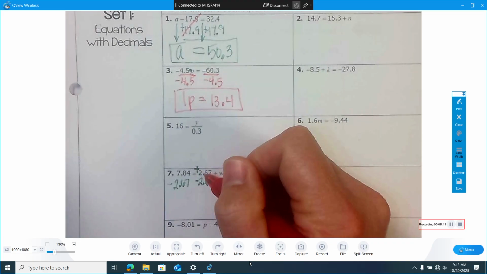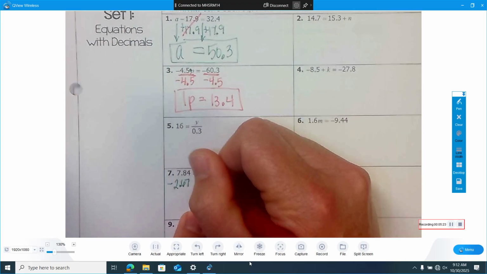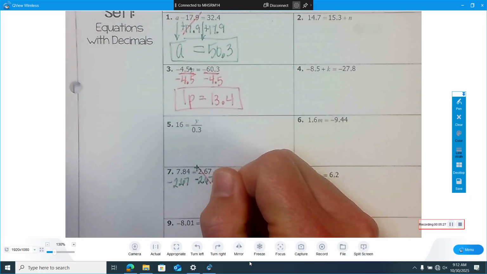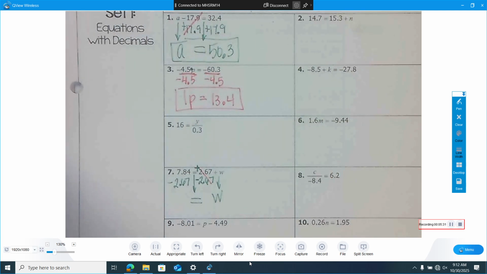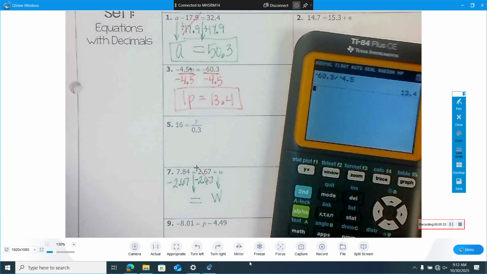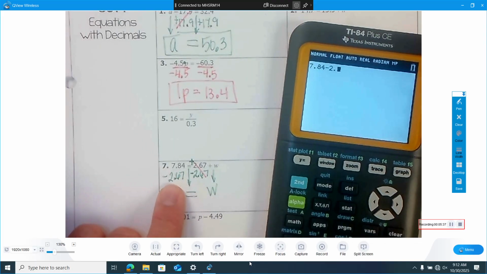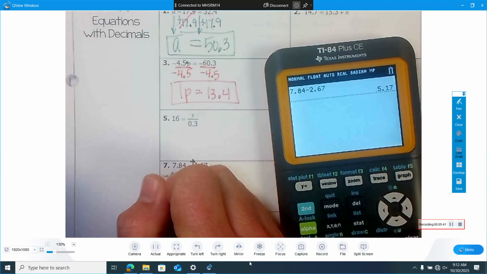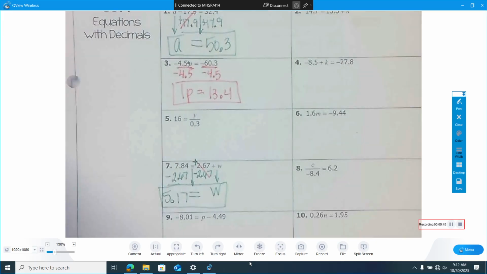So positive 2.67 and negative 2.67 is 0, leaving behind the W on the right-hand side, bringing down our equals sign, and then I can use my calculator because I hate decimals. 7.84 subtract 2.67, and I get 5.17. Okay.